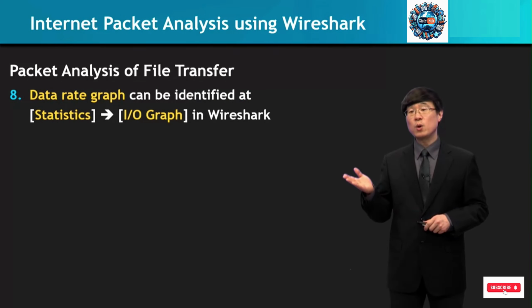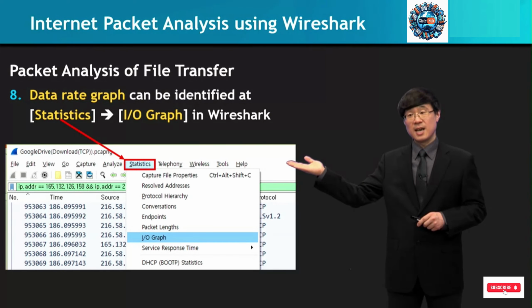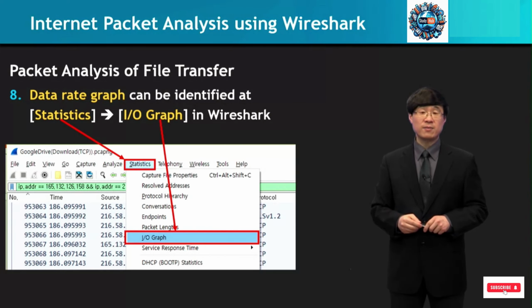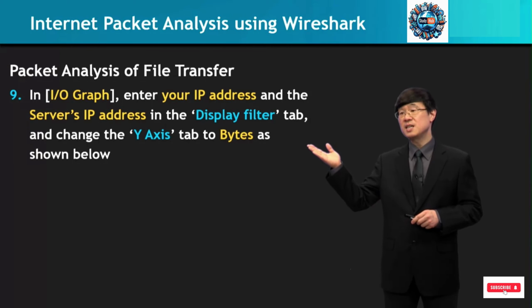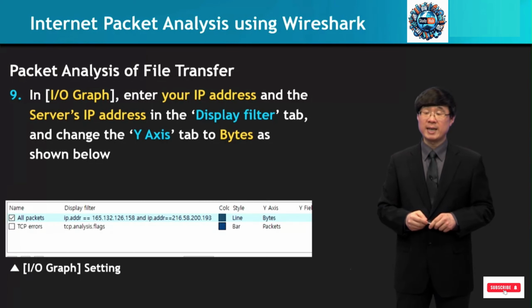Next, we're going to look at the data rate graph. Here, in the options you can go under the statistics and then select the IO graph. And in this process, we're going to look into the server's IP address in the display filter tab and change the y-axis to bytes.